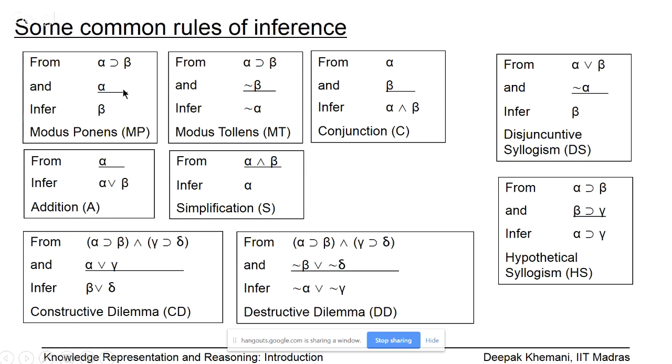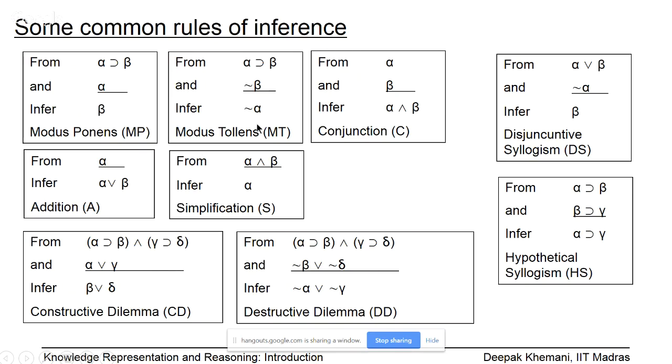The leftmost rule on the top left, the most commonly used, is modus ponens. It says that if you have a sentence of the kind alpha implies beta, where alpha and beta are any sentences in first order logic, and you have a sentence alpha, then because this alpha matches the alpha in the implication, we can infer beta.